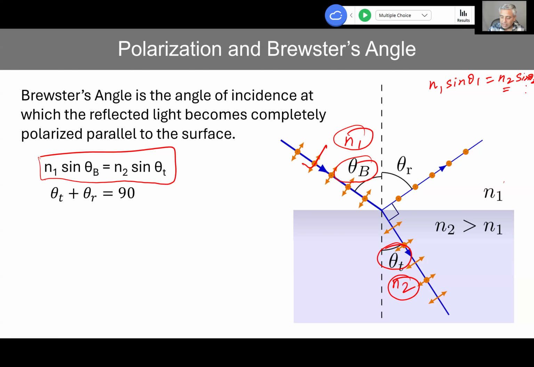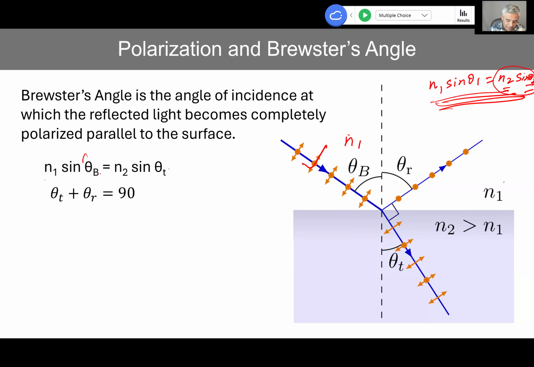The refractive index and the angle have to be from the same side while using this equation, and I'm using it for this particular setup. Now we want to figure out theta B.